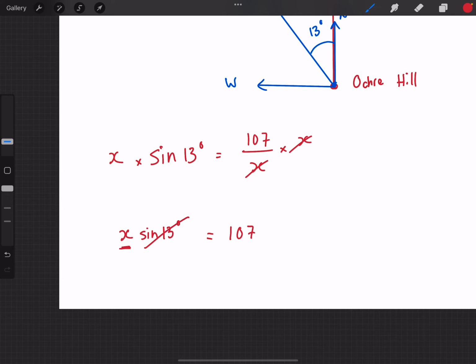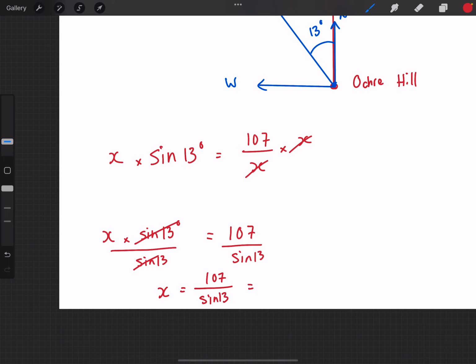Now I want x by itself. I don't want this sine 13 degrees to be there. At the moment, x is being multiplied by sine 13 degrees. So let's divide both sides by sine 13 degrees. When you divide, that cancels out, so you get x is equal to 107 divided by sine 13 degrees.